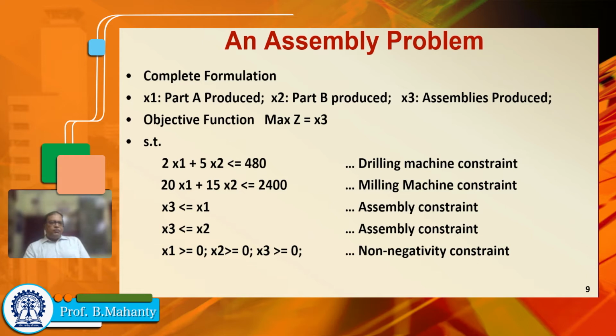So here is the complete formulation. X1 is the part A produced, X2 is the part B produced, X3 is the assemblies produced. The objective function: maximize z equal to x3, subject to 2x1 plus 5x2 less than or equal to 480, the drilling machine constraint; 20x1 plus 15x2 less than or equal to 2400, the milling machine constraint; x3 less than or equal to x1, an assembly constraint; and x3 less than or equal to x2, another assembly constraint.